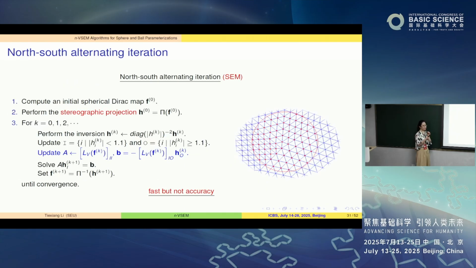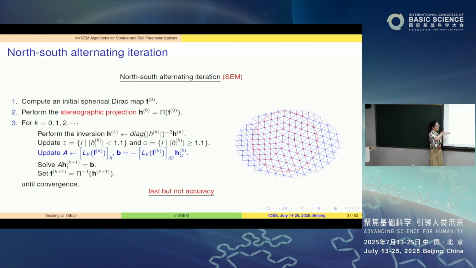When we realize this scheme, we call the iteration north-south alternating iteration. Why do we call it this? When we developed this algorithm, we wanted to solve the parameterization for the stereo.